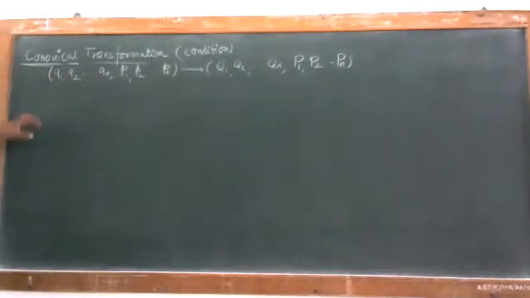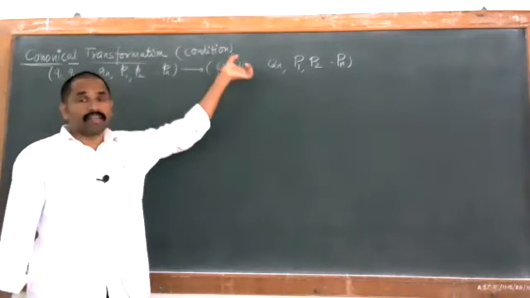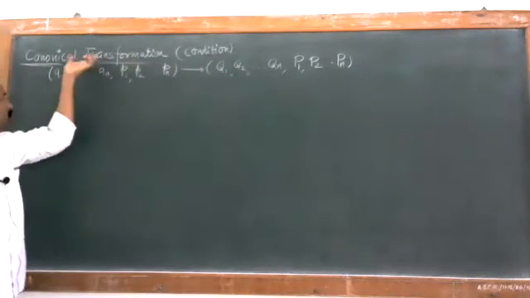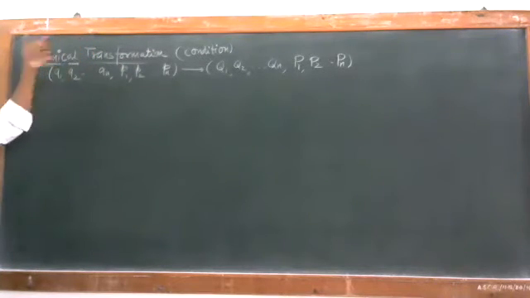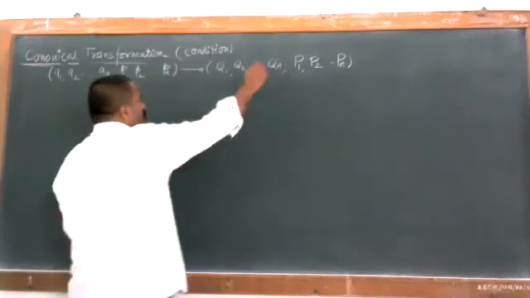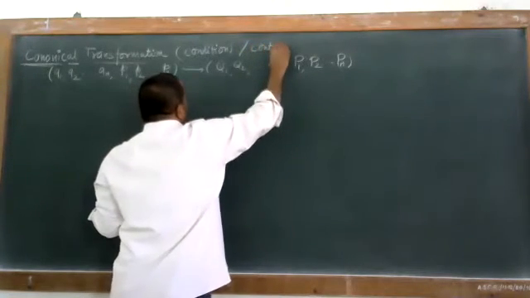So the transformation of old coordinates to the new coordinates is said to be a canonical transformation, or it is also known as a contact transformation.